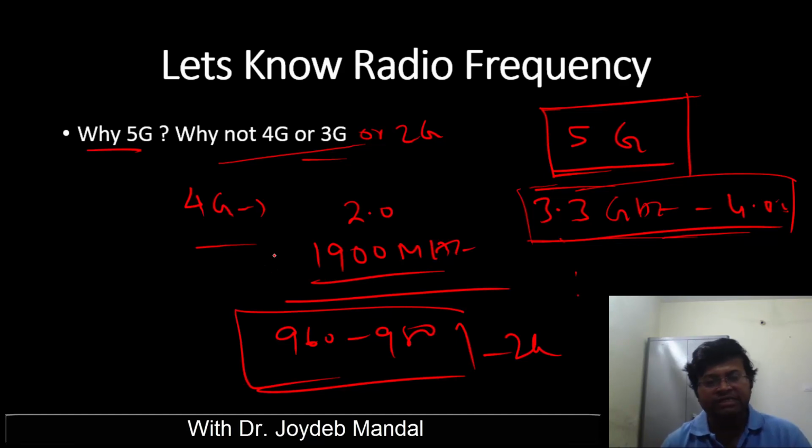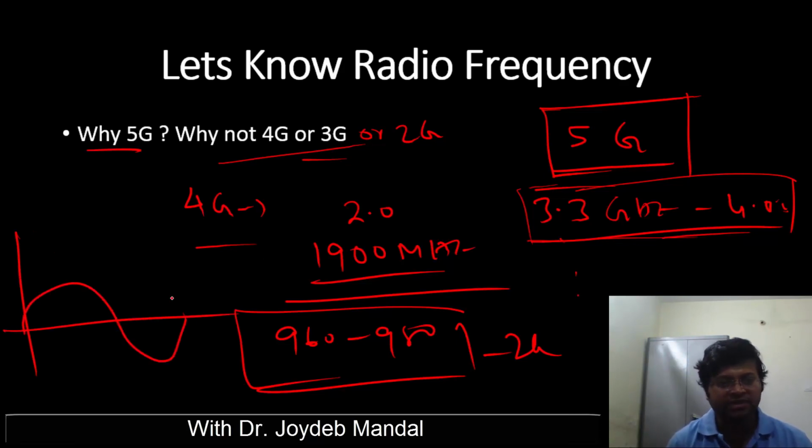4G actually uses the same band as 3G, because 4G uses an OFDM signal. Suppose you are sending a signal, for example in 3G. In 4G with OFDM, at the same time they give different phase shifts and send the signal.